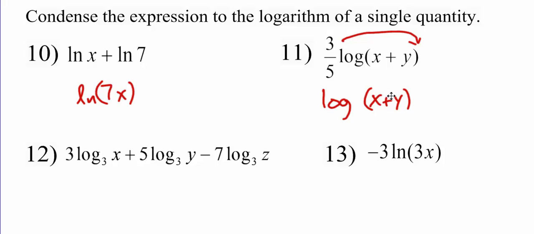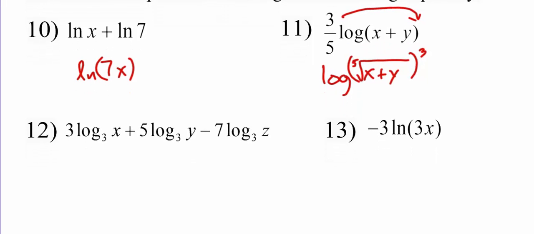But when you think about it, the 3/5 power, we could rewrite it this way. I'm going to do that as a root, where it's the 5th root raised to the 3rd power. And that's the preferred way to write those on that kind of problem, is to go ahead and change them into a radical form. Very cool, isn't it? Okay, I thought that was funny.